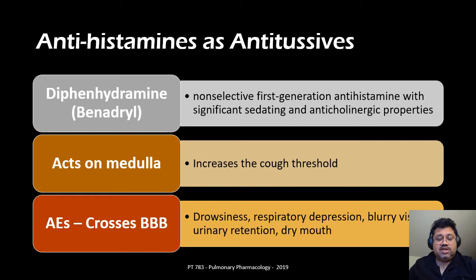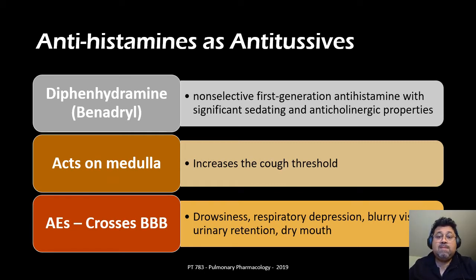Now, antihistamines are used to suppress histamine activity in the body, which is related to allergies. The most common anti-allergic medication which is used as an antitussive is diphenhydramine, which is Benadryl. Now, Benadryl is a non-selective first-generation antihistamine with significant sedating properties and anticholinergic properties. So how does it work?